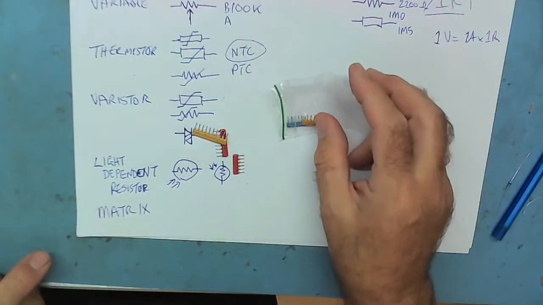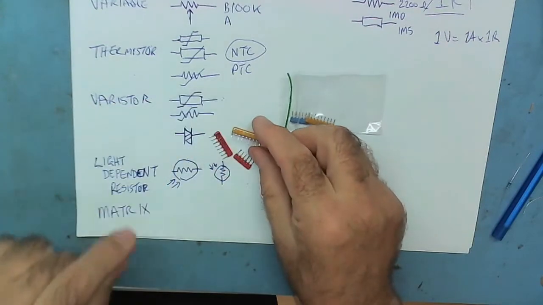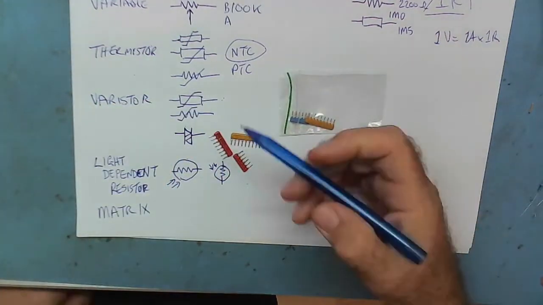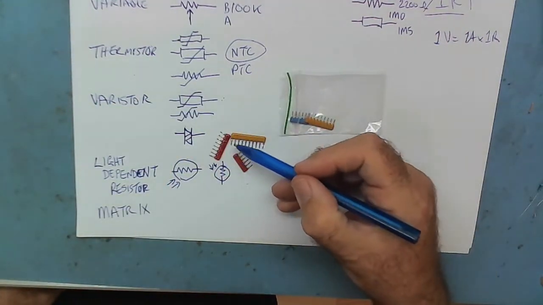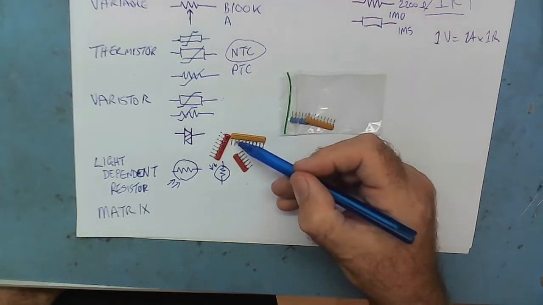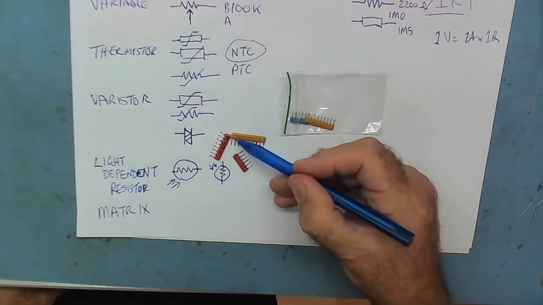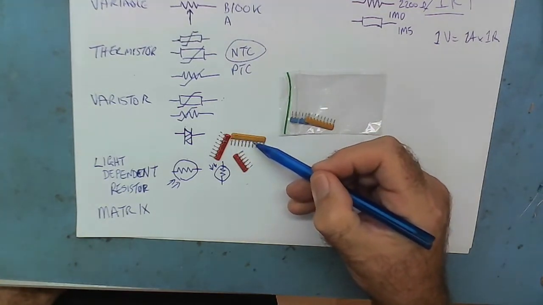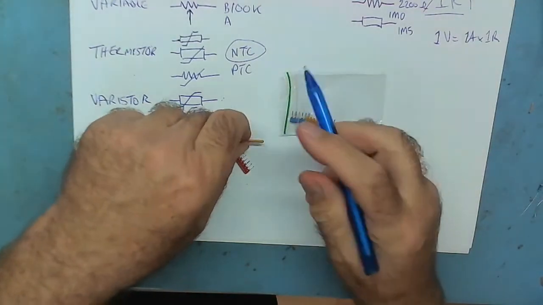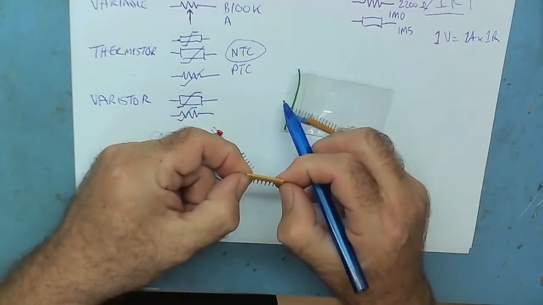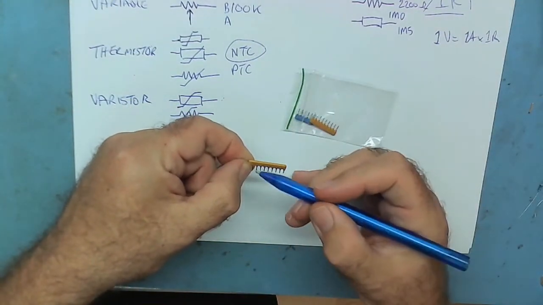What you effectively have on here, normally they'll have one common leg and then all the rest of the resistance to that leg. So this was 1, 2, 3, 4, 5, 6, 7, 8, 9, 10. This might have 1 or 2 common pins and then maybe 8 internal resistors.